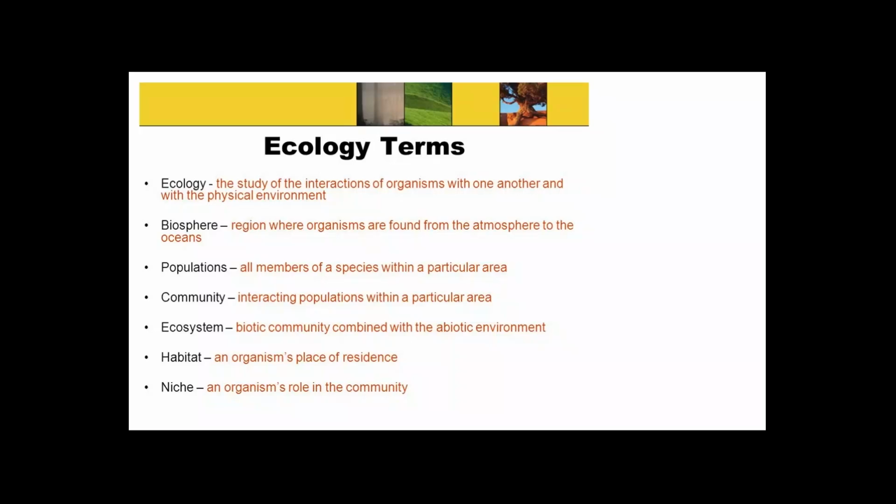Ecosystem, the biotic community combined with the abiotic environment. Habitat, the place of residence, and niche, the organism's role in the community. And I suppose biotic is living and abiotic, non-living. And remember that biotic can include things such as feces. I suppose in feces is a large number of bacteria.